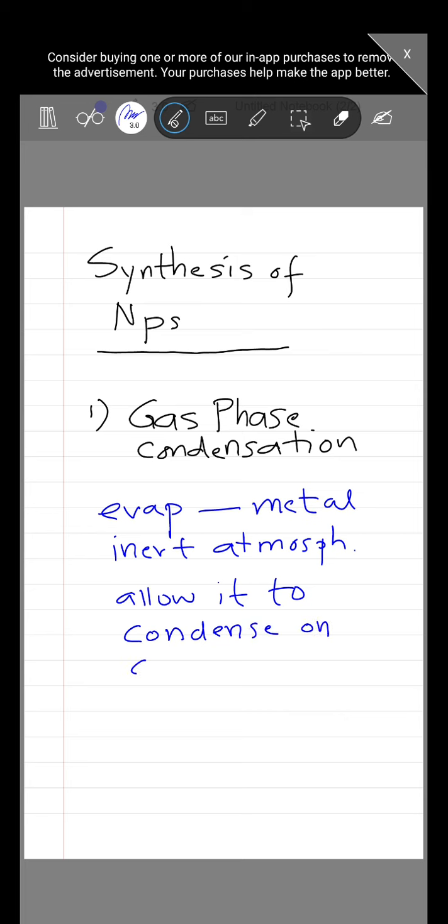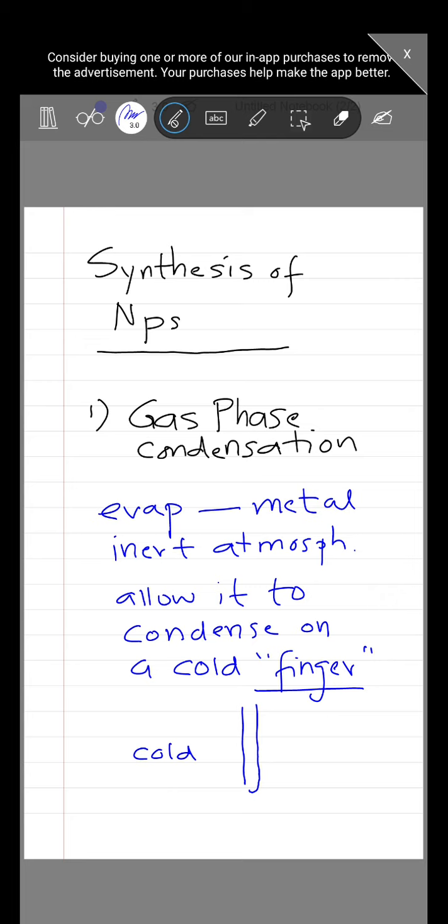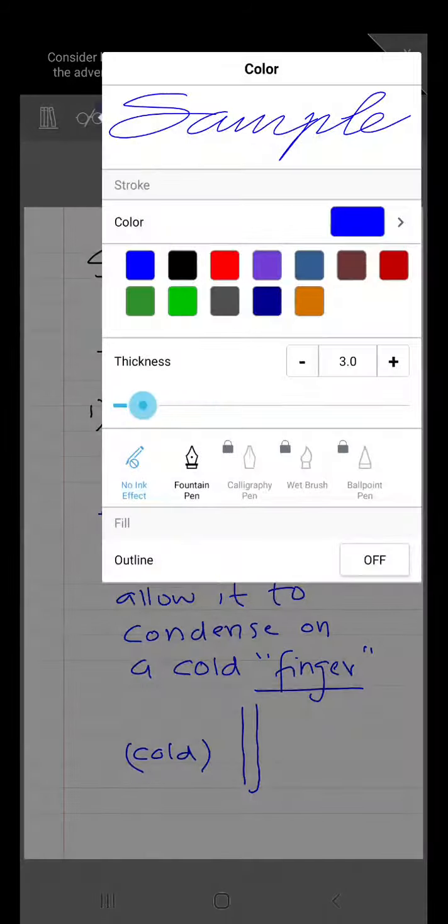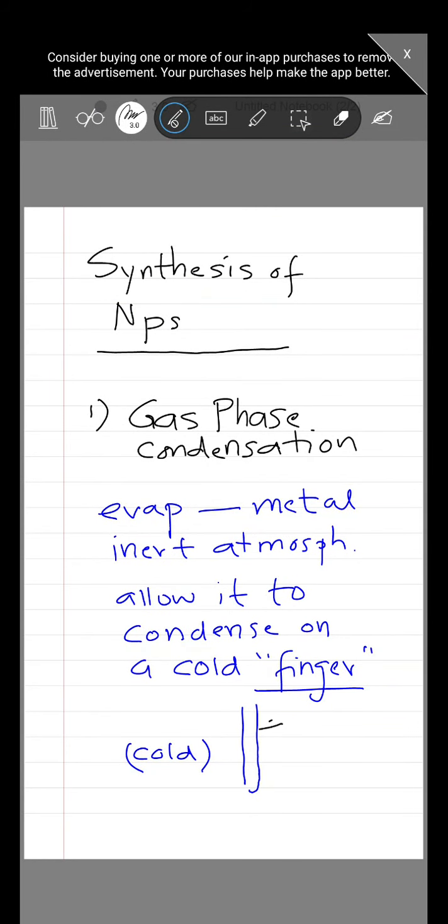I mean, it's a finger, we mean a shape like this, which is actually kept at a very cold state. So the gas particles, the gas molecules, they get condensed into this cold finger and form the nanoparticles.